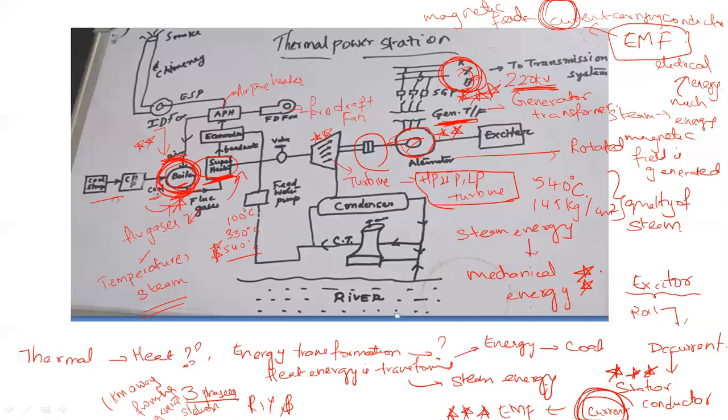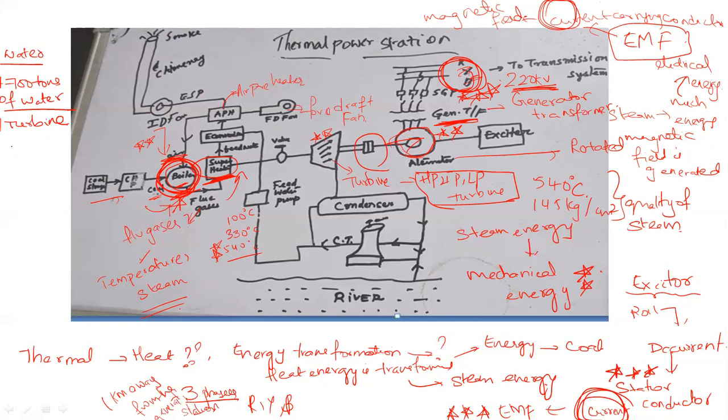How do you get water for this? You require 700 tons of water per hour to roll the turbine. That means you have to prepare 700 tons of steam per hour in the superheater.